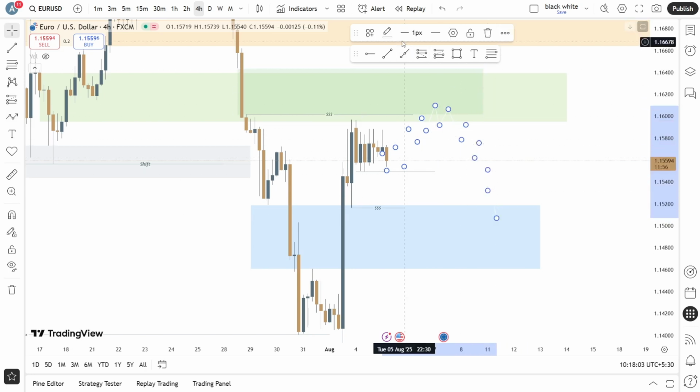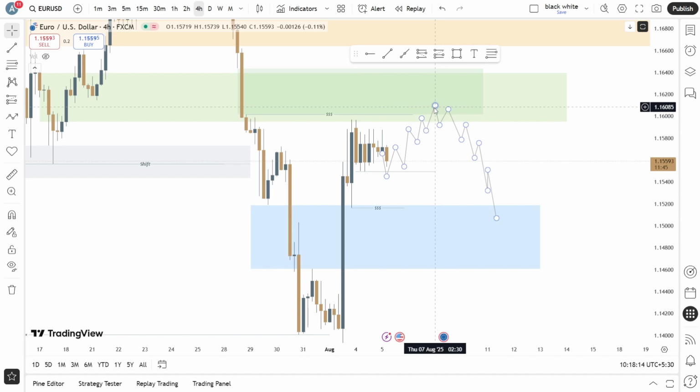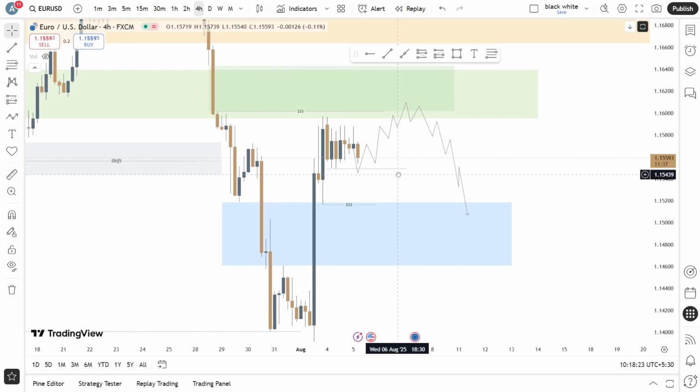I'll be doing it black so it will be visible. So this is what I'm anticipating right now, that all this liquidity will be taken by the market and the price will spring up, mitigate this unmitigated FVG, and then we can possibly see the price move to the downward side.